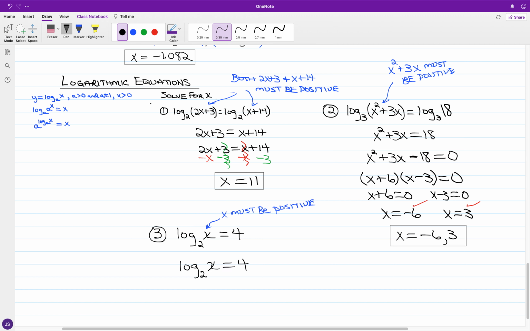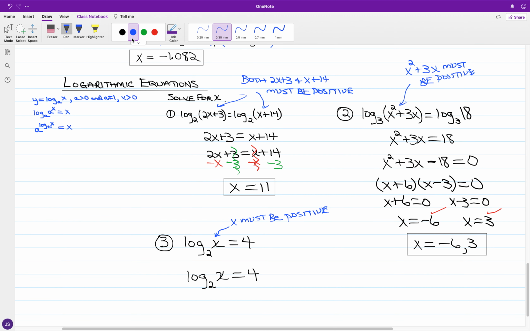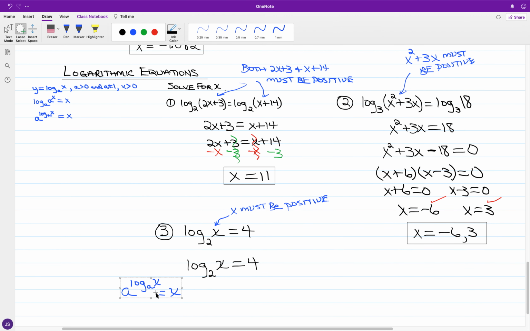Okay, so again, I have the base 2 logarithm of x is equal to 4. And if you notice, from earlier with this last property, you had a to the base a logarithm of x is equal to x. And guess what? We have the value of a is going to be 2.